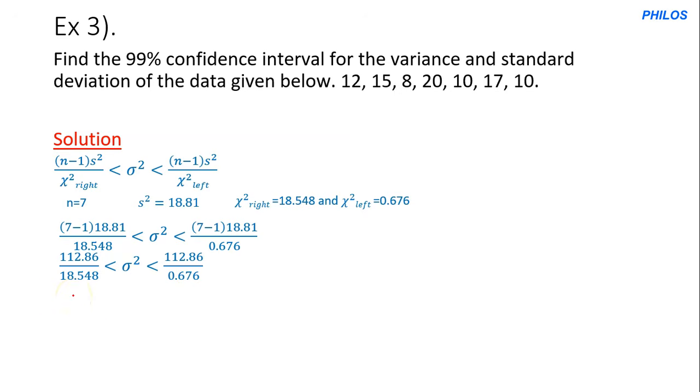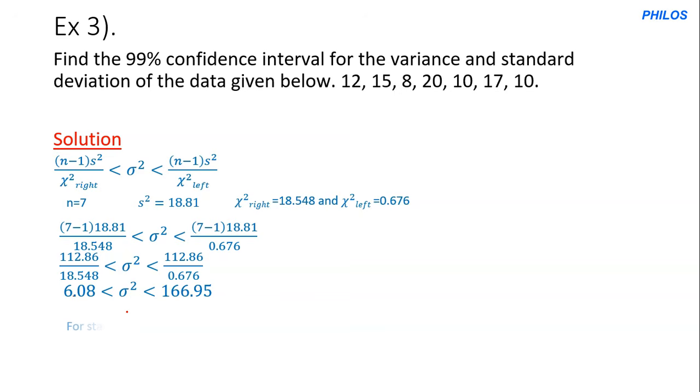When you check 112.86 divided by 18.548, you will get 6.08. 112.86 divided by 0.676 will give you 116.95. So you conclude that one can be 99% confident that the population variance is between 6.08 and 116.95.